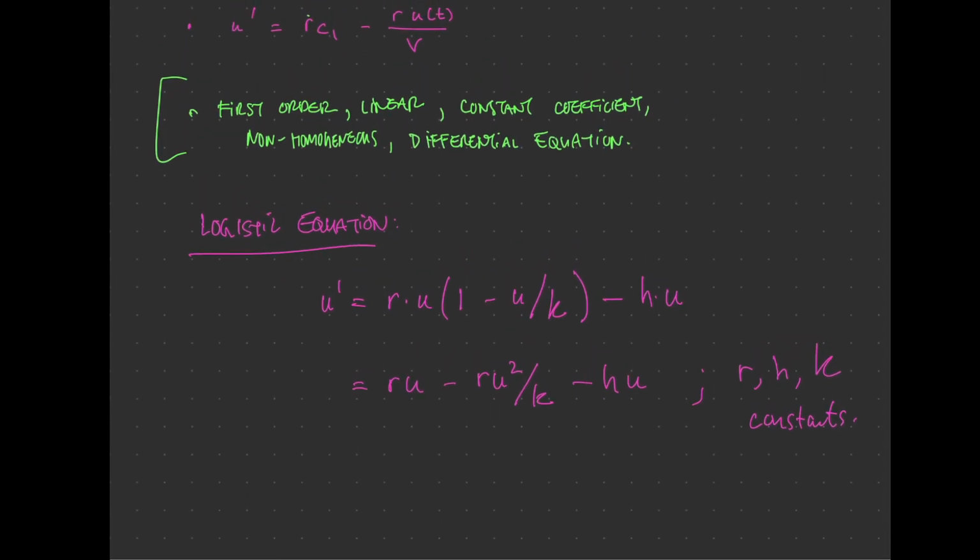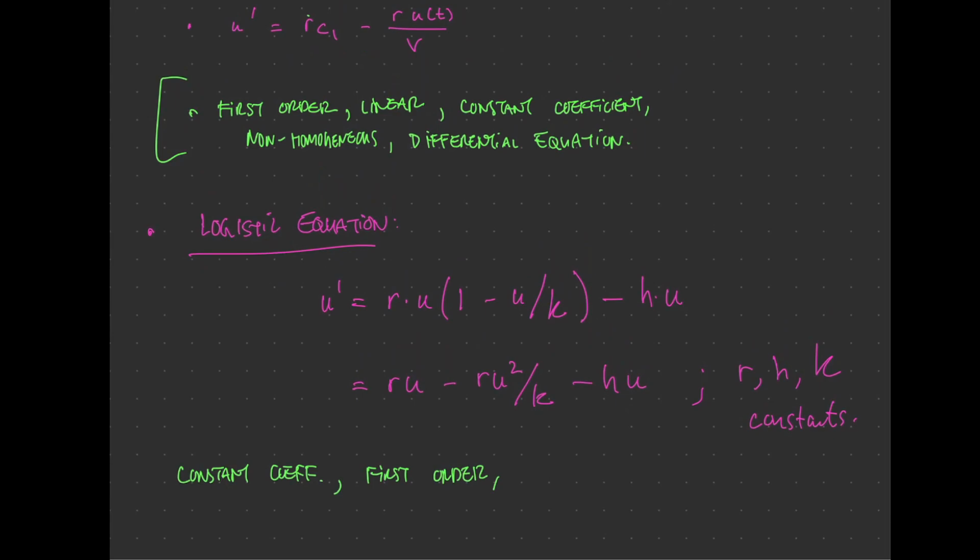Okay. So here, what do we know? Well, we know it's constant coefficient, right? Because the u terms have constant coefficients. We know that it's first order because the highest derivative we see is the first derivative.